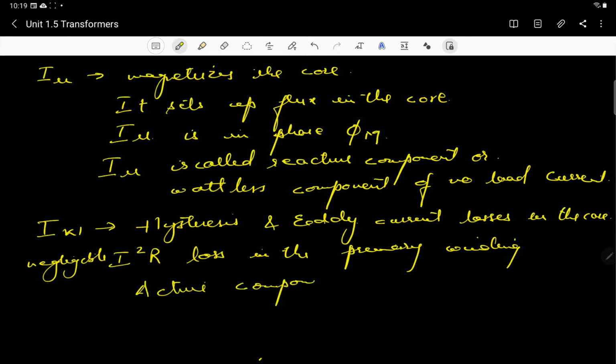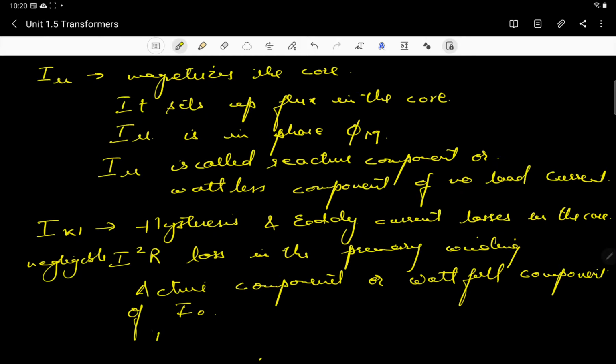Or watt full component. This is the watt full component of no load current, that is I naught, whereas I mu is the watt less component. All right. Now it is in phase with the applied voltage. It is not in phase with the flux.